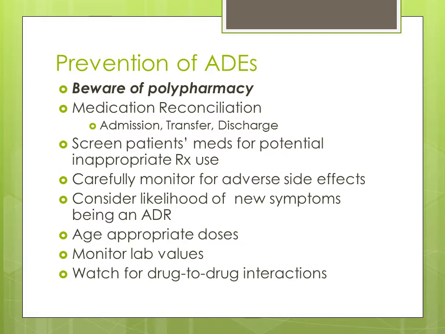Speak up. Let them know you're concerned about your ability to monitor how safely your patient is responding to these meds, and that you need to have specific lab values ordered. Watch for drug-to-drug interactions, again, including over-the-counter herbal remedies, vitamins, etc.